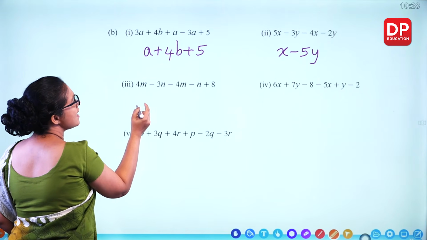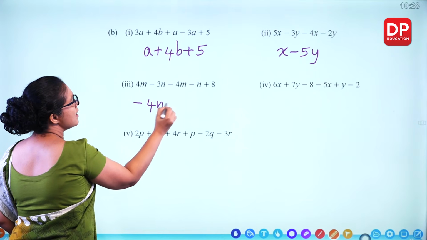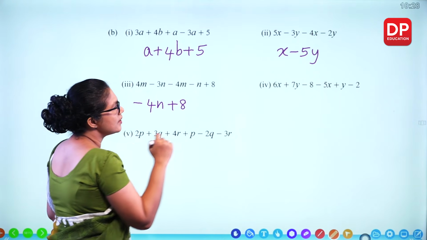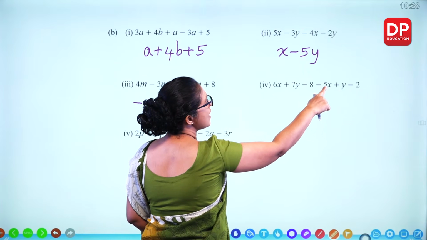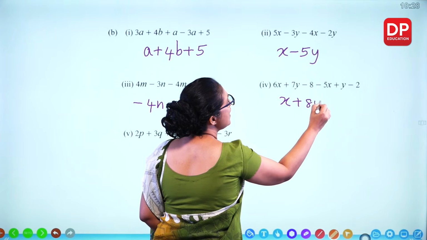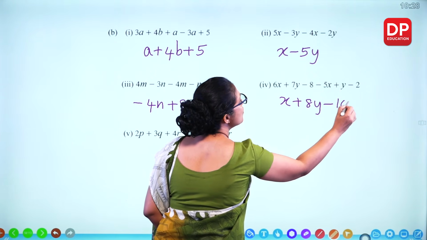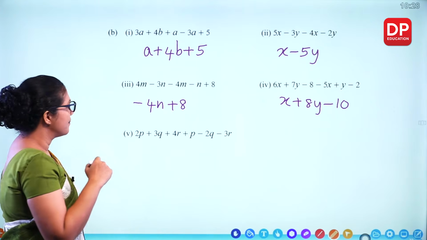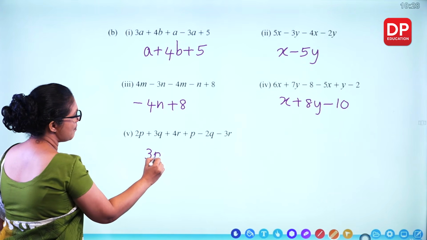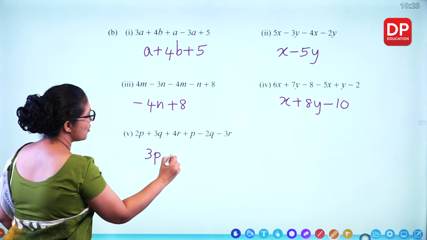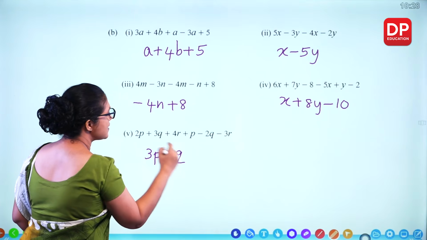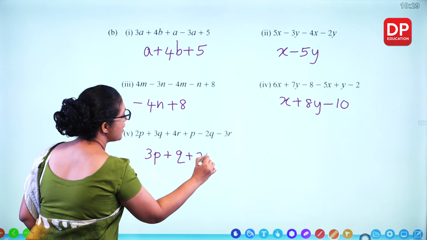Minus 3n minus n, minus 4n and plus 8 is there. This one, 6x and minus 5x, x. 7y plus y, 8y, minus 8 and minus 2, you get minus 10. 2p plus p, 3p. 3q minus 2q, that means 1q or q. 4r and minus 3r, that's 1r.